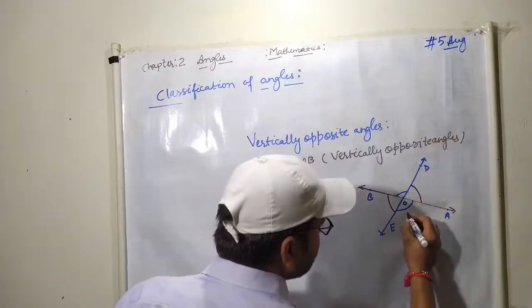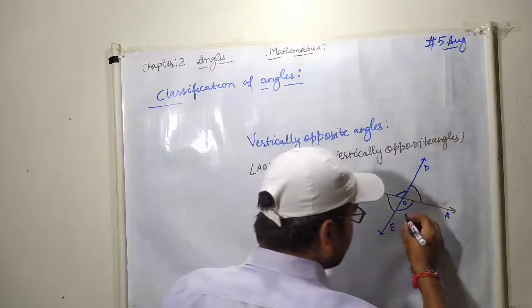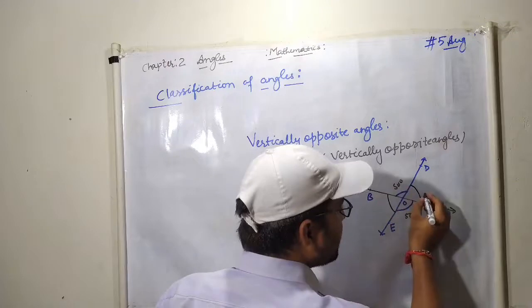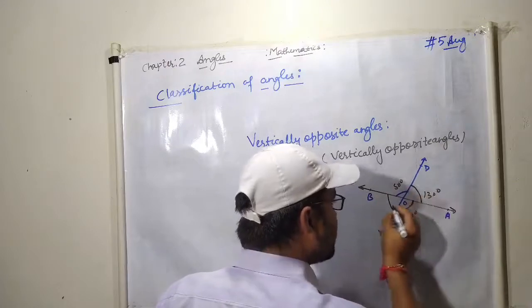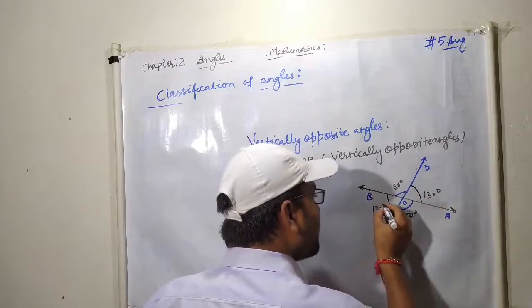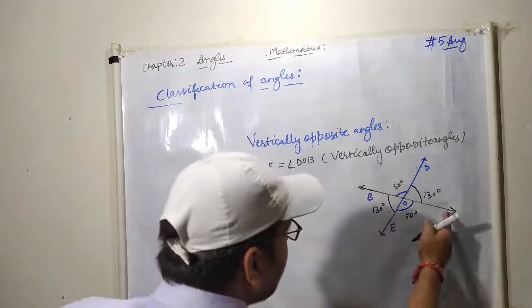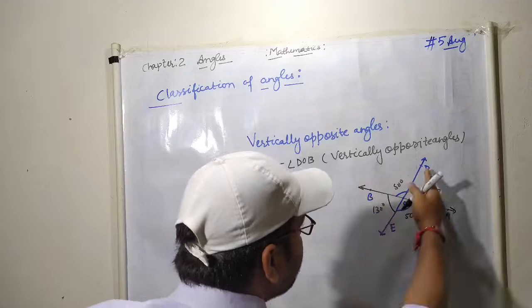If this one angle is 50 degrees, then this one is also 50 degrees. If this one is 50, then this is 130 degrees. So this angle is also 130 degrees. Angle AOE is equal to angle DOB.